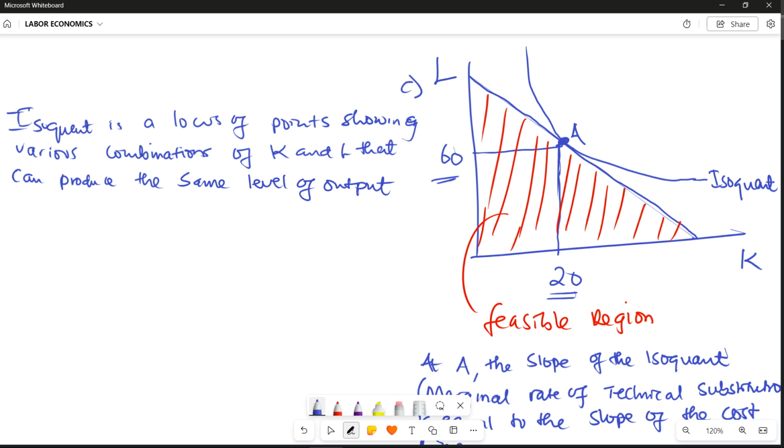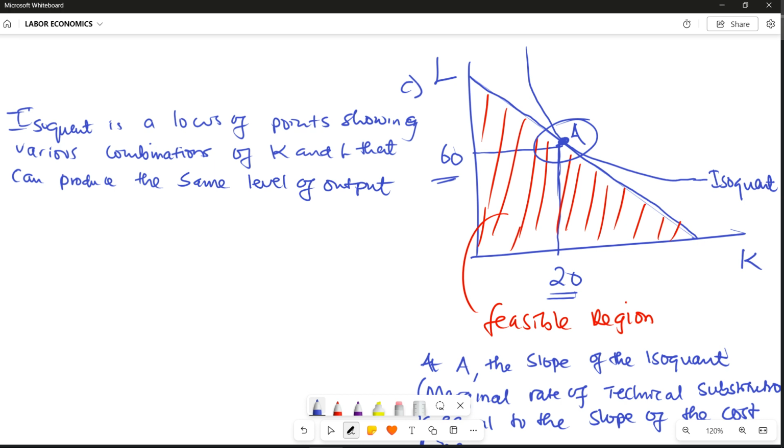So now, at the optimal point, the isoquant is tangent. To be tangent is to touch a curve at one particular point. So at the optimal point, the isoquant is tangent to the isocost line. What does that mean? It means that at that particular point, the slope of the isoquant is equal to the slope of the isocost.